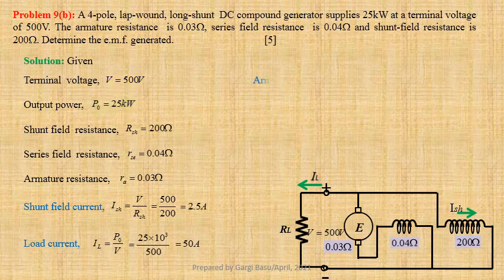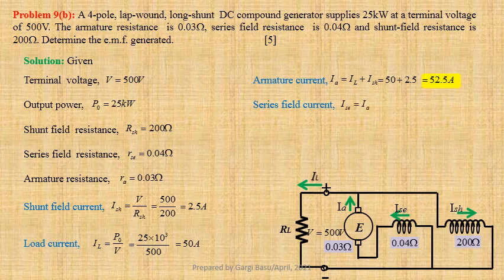Expression for armature current IA equals IL plus ISH, that is equal to 50 plus 2.5, that gives us 52.5 ampere. For long shunt compound generator, series field current IAC equals IA, that is equal to 52.5 ampere.